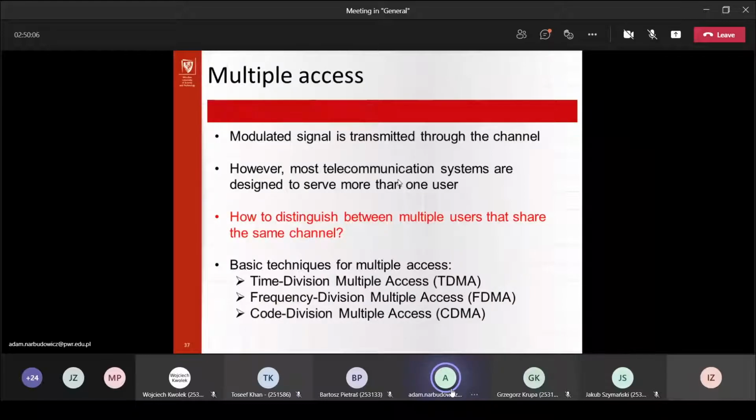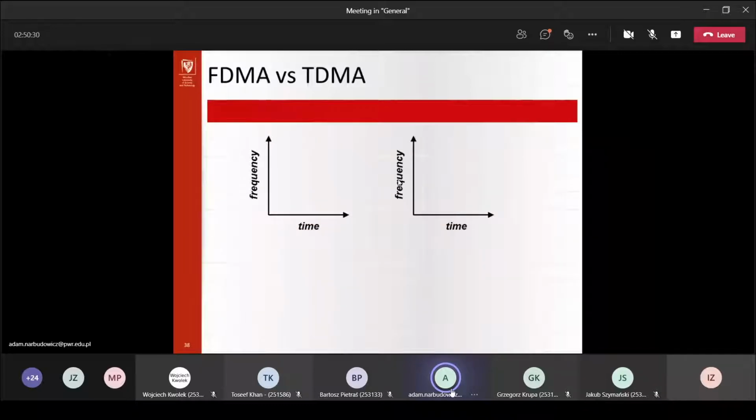The three most common are time division multiple access, frequency division multiple access, and code division multiple access. We will start from the first two, which are basically the most common and most intuitive. But in general, there are many more.